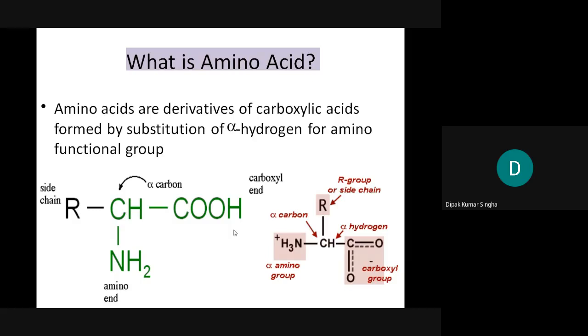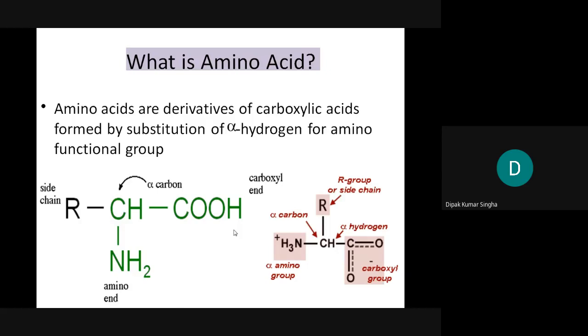That's why the carboxylic group has a negative charge and the amino group has a positive charge. When a compound contains a positive charge and a negative charge simultaneously, it is called a zwitterion, a zwitterionic compound. Zwitter means hybrid: the compound contains a positive charge as well as a negative charge.